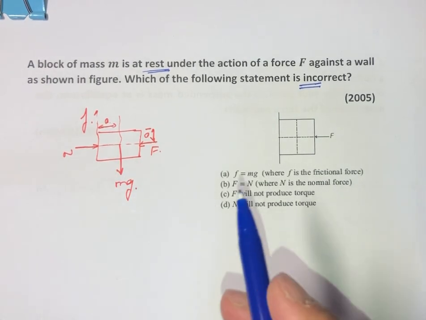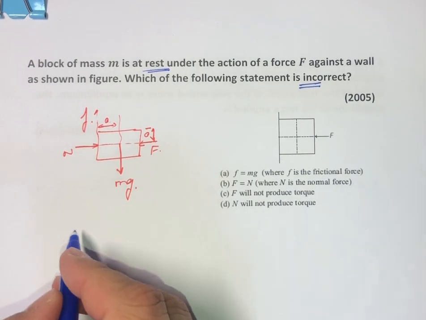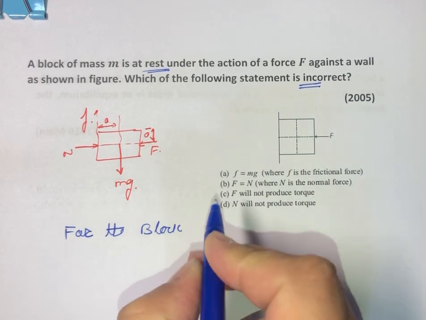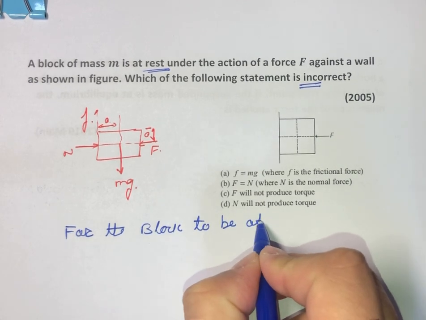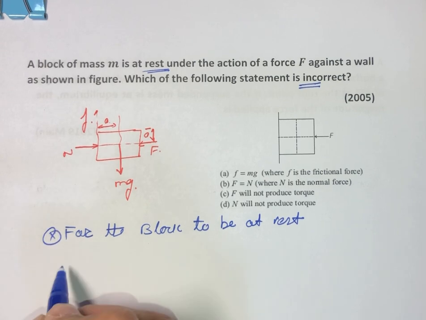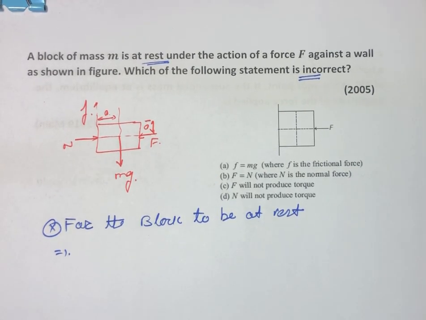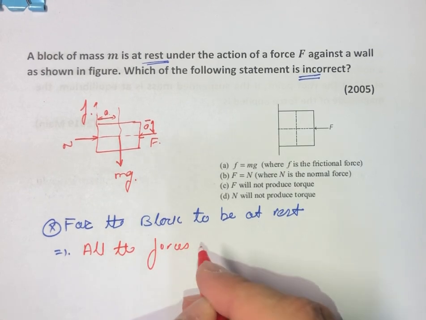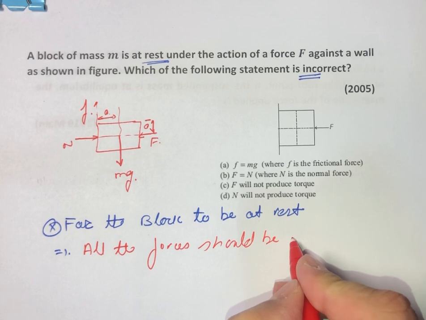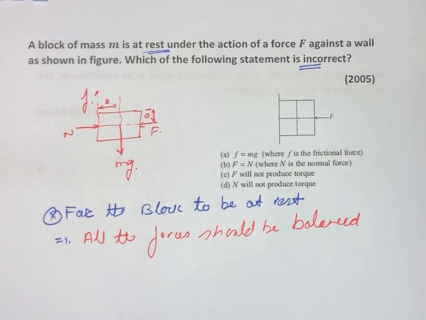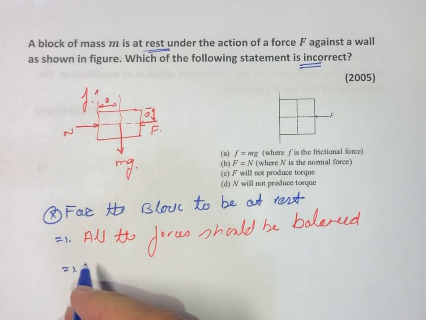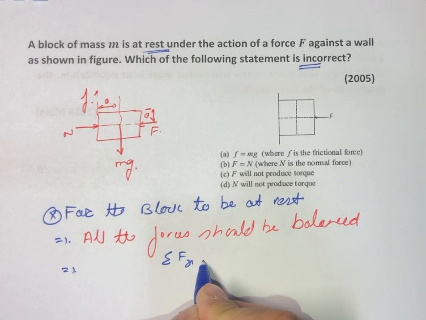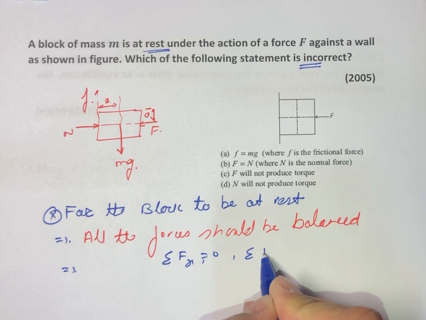From here we can say that for the block to be at rest, all the forces should be balanced, meaning the summation of the horizontal forces should be equal to 0 as well as the summation of the vertical forces.